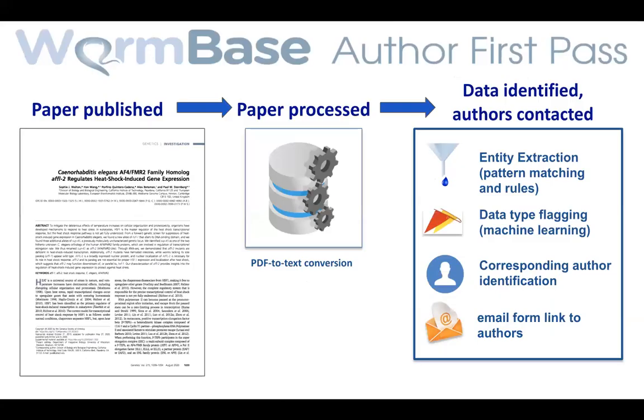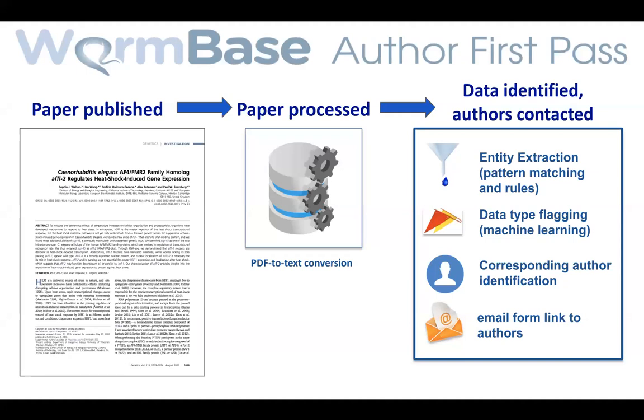So a little glimpse behind the scenes of what happens for Author First Pass. Once your paper gets published, we're alerted to its publication by a daily query that we do at WormBase for PubMed for the keyword elegans. Once the publisher has submitted your paper to PubMed, we'll be alerted to that.